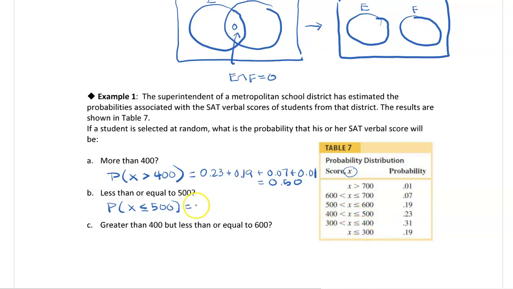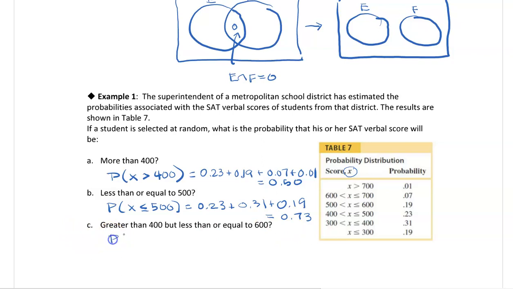So we want these last three, and we'll just add them up: 0.23 plus 0.31 plus 0.19. Adding those up, I got 0.73. That's the probability of scoring less than 500.